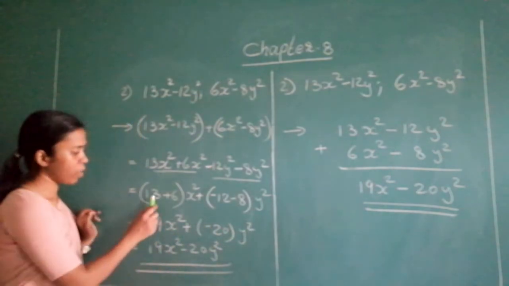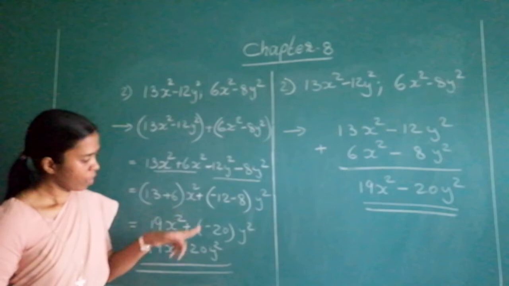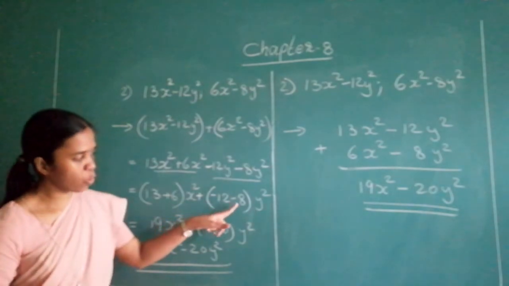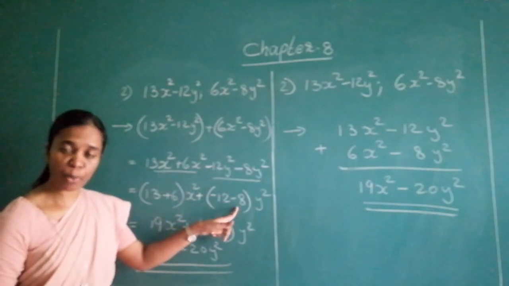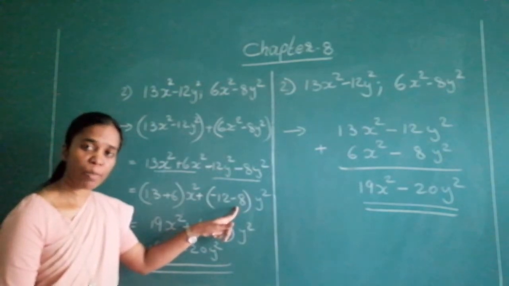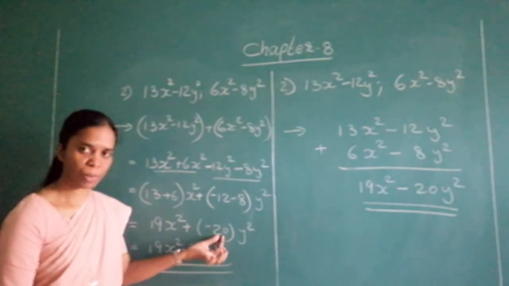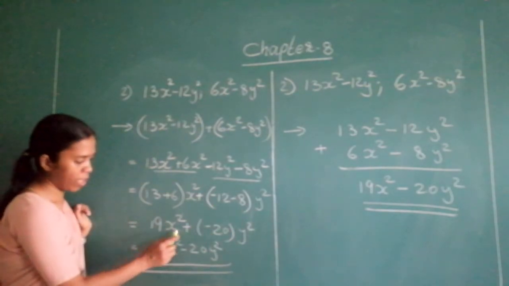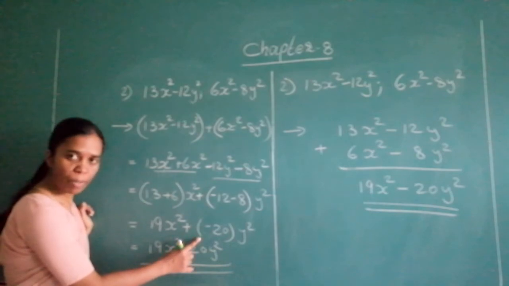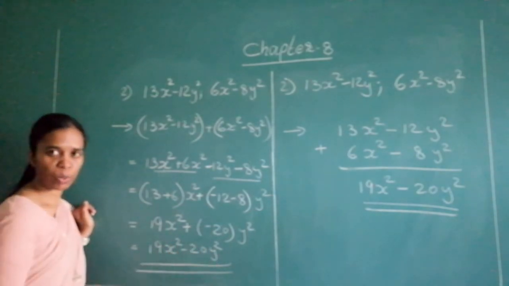So when I add them, 13 plus 6 I get 19x square plus minus 12 minus 8. Both are minus. In addition and subtraction, if the signs are same, put the sign of the greater number, add the numbers. 20y square. So 19x square. Now I open the bracket, plus into minus, I get minus 20y square.